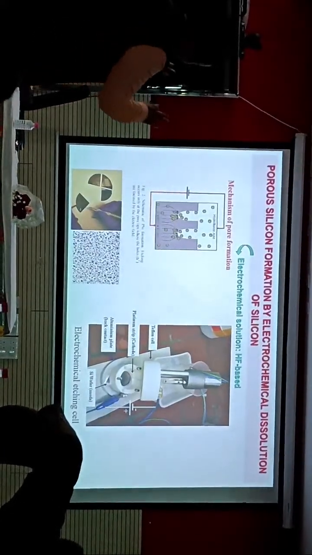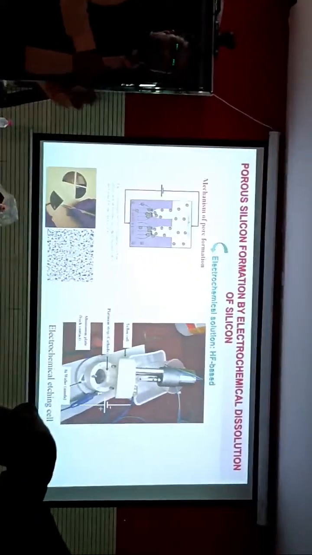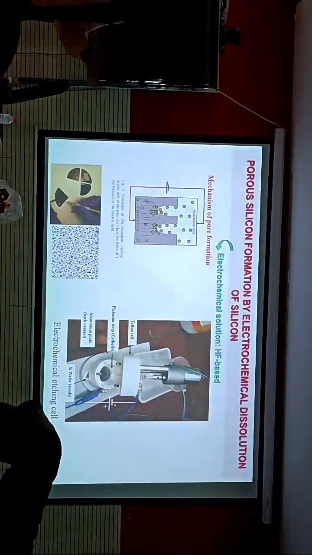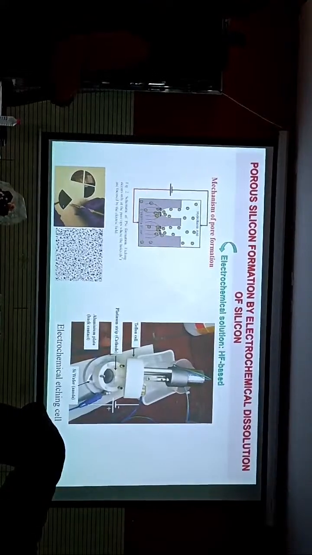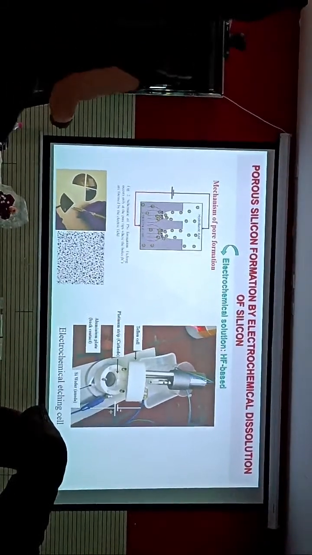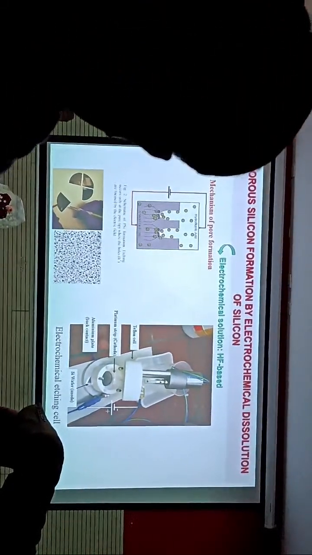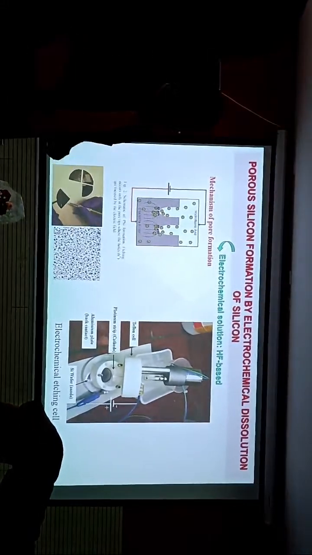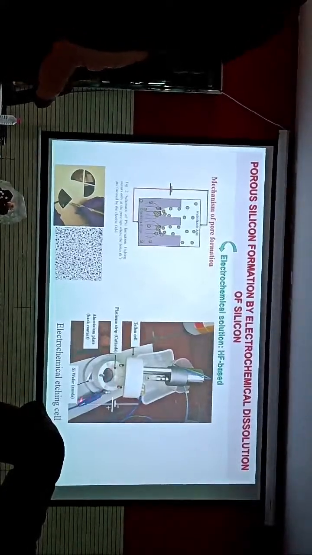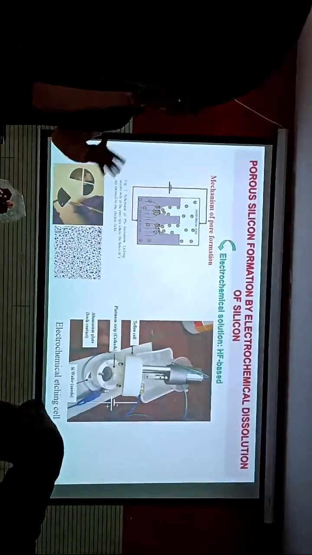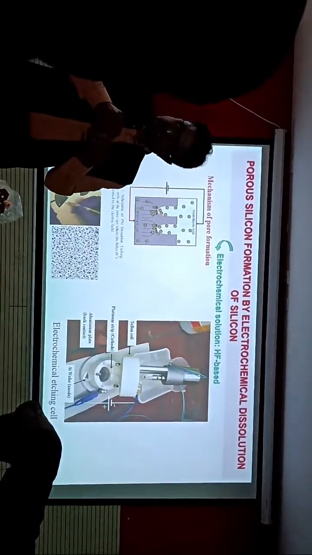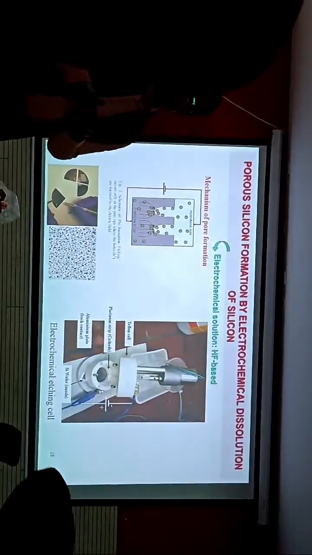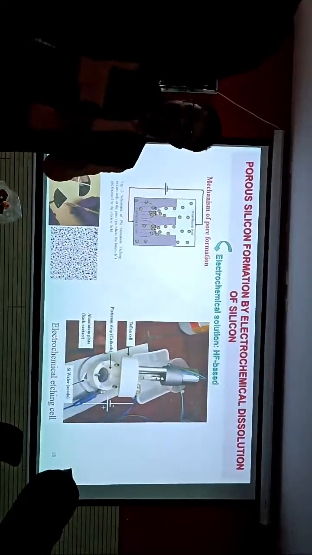Okay, so this is the simple setup which I used to study quantum nanostructures. As you can see, it is an electrochemical cell. I made this in my department, and a few BTech students work on that. What we do is take a P-type silicon wafer, because holes are a prerequisite to create pores in the silicon.